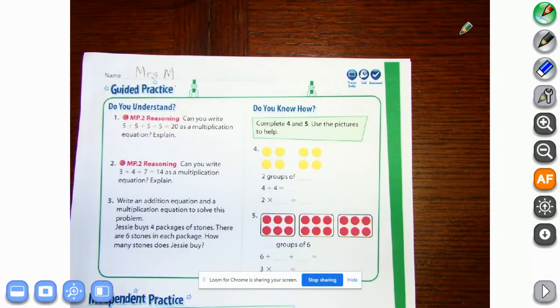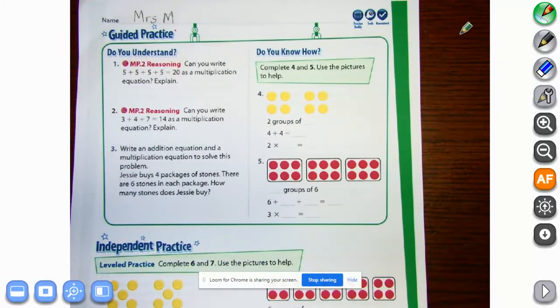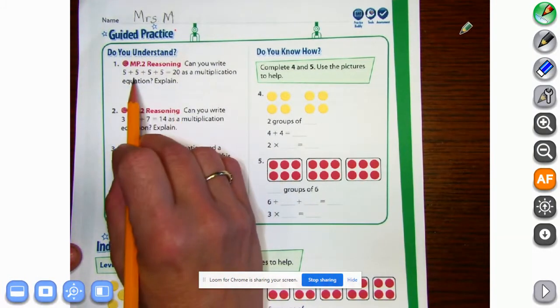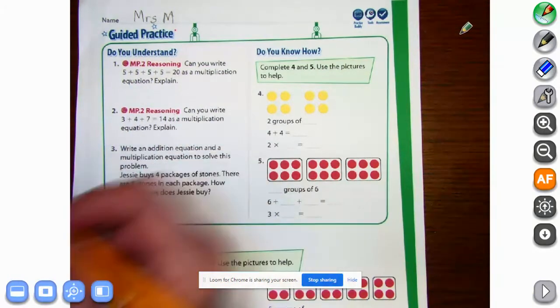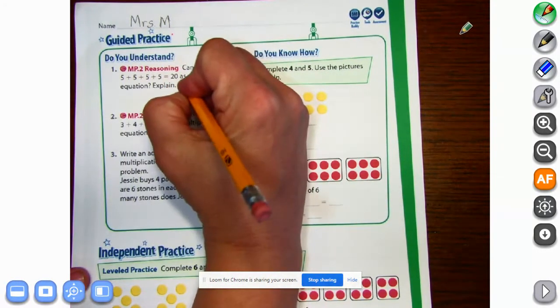Can you write 5 plus 5 plus 5 plus 5 equals 20 as a multiplication equation? So we can. So the answer would be yes.